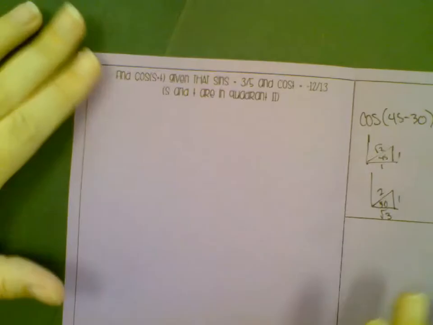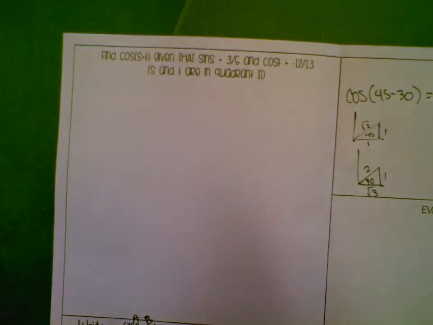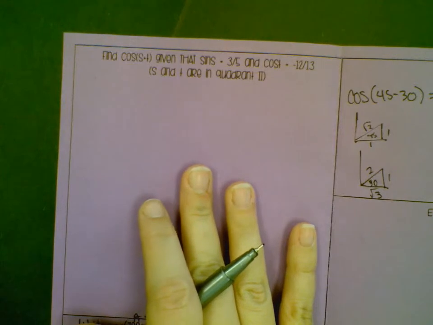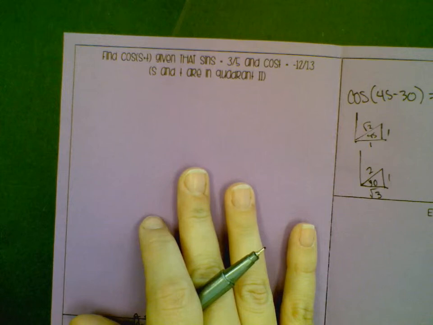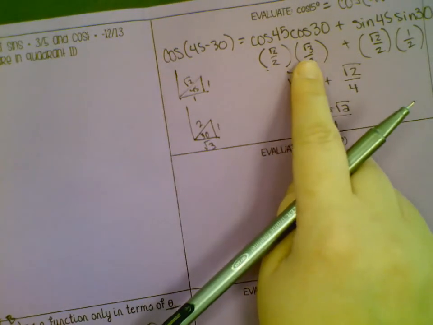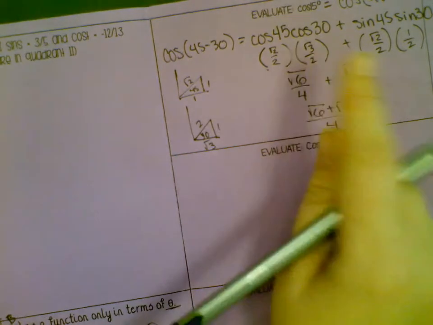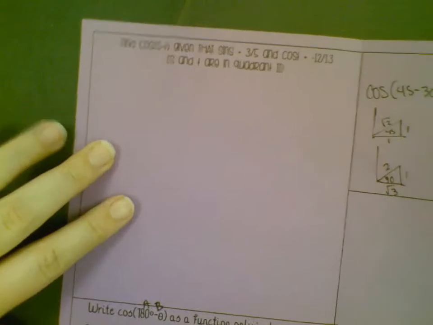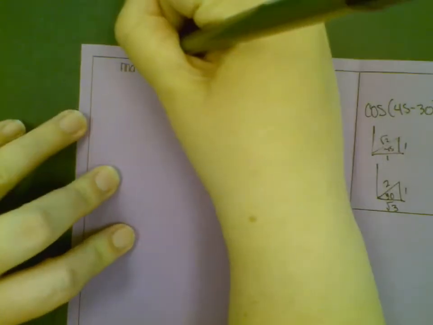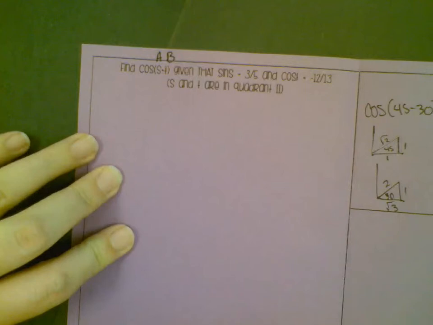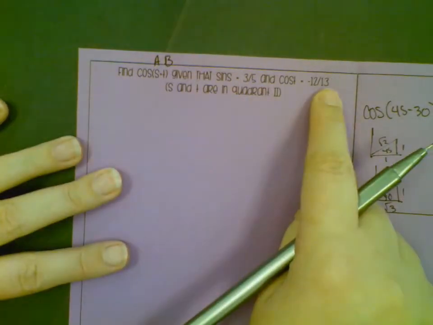Okay, so let's take a look at the top problem. I think this one is one of the harder problems for this section because we're finding the values from triangles instead of from things that we know or the unit circle. So it says to find the cosine of s plus t. So s would be our a and t would be our b. Let's write out our formula first and then we'll worry about the rest of what they gave us.